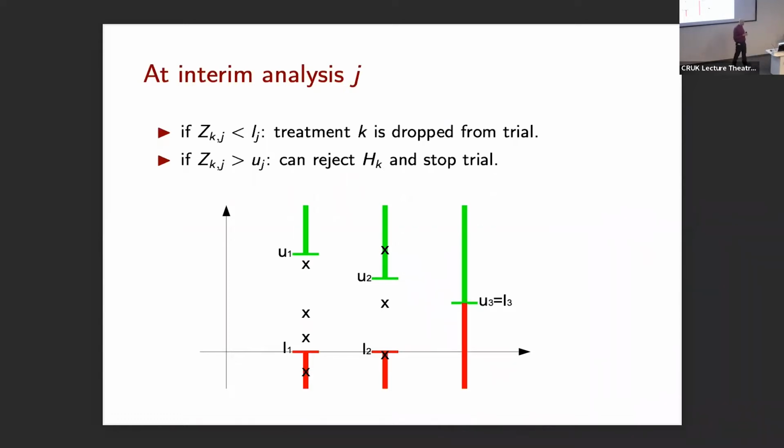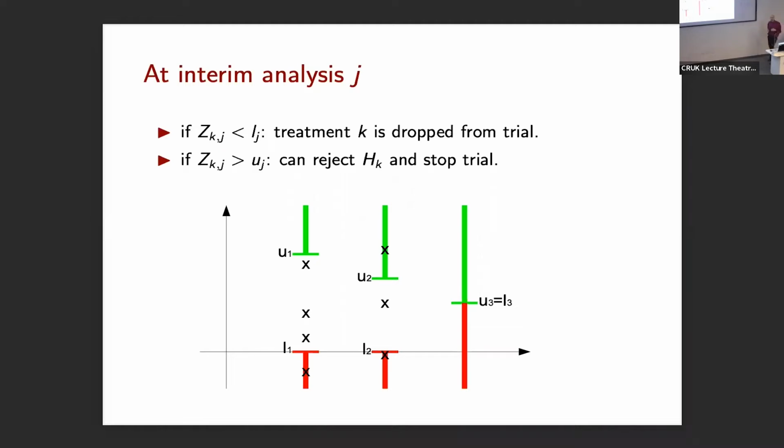Either, if you happen to be in the red region, sorry, it's hopeless. Doesn't look like this is ever going to be showing any positive effect for the patients. So at that point, you give up on that treatment.